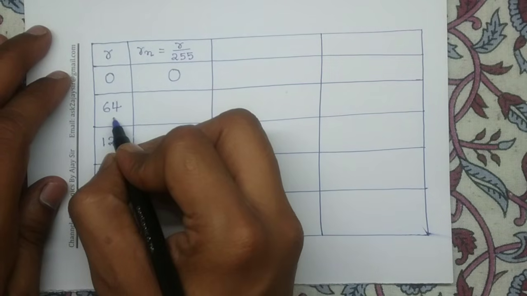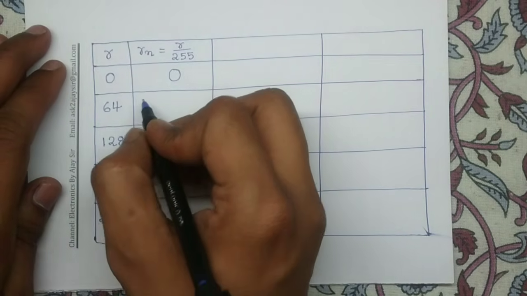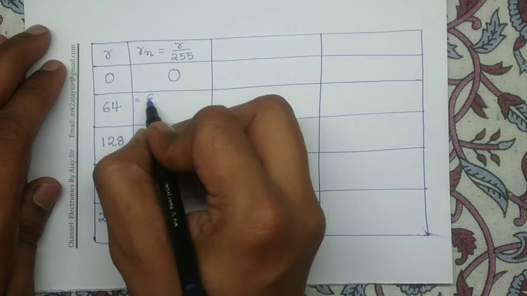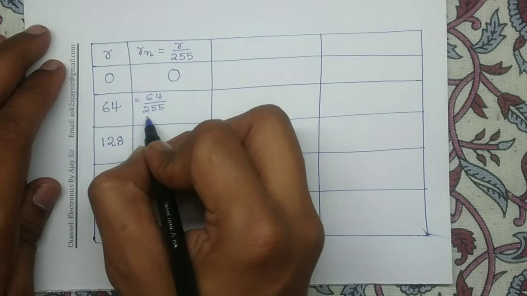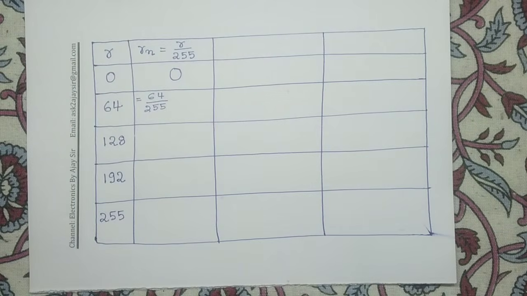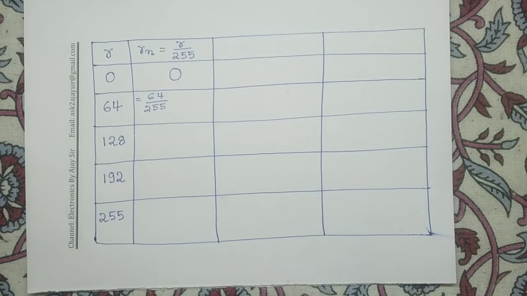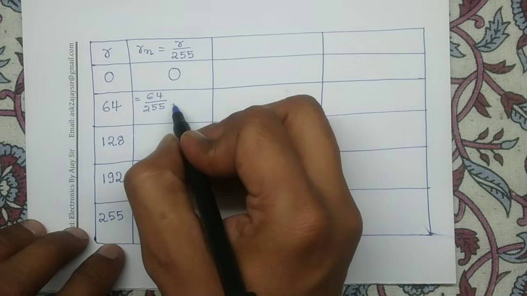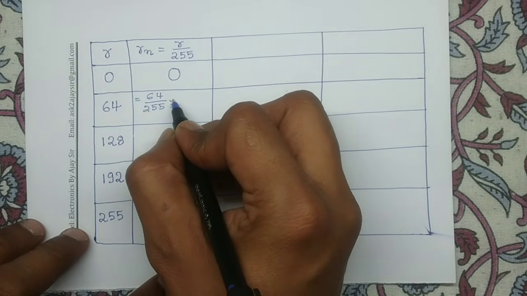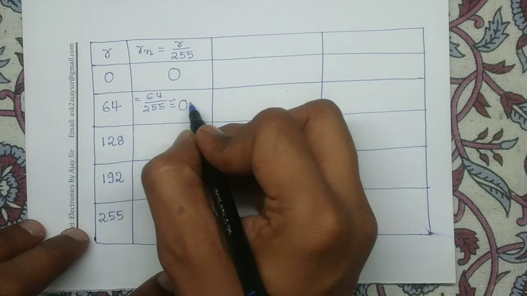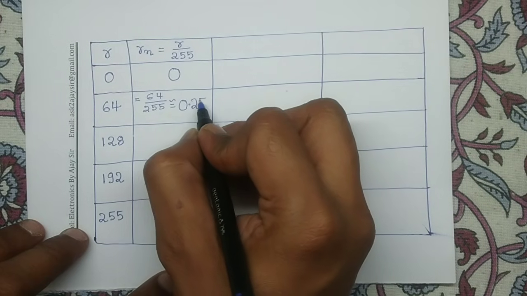Next we will normalize this intensity value 64 with respect to 255. So it is 64 divided by 255. It equals 0.250, and up to 2 decimal places it is approximated to 0.25.